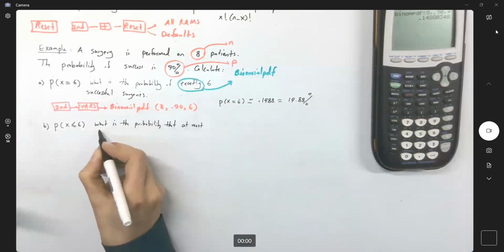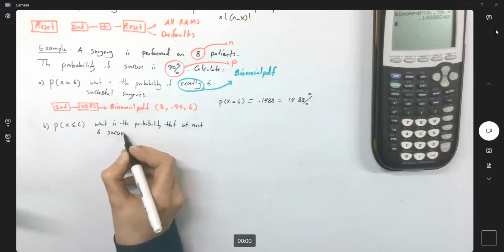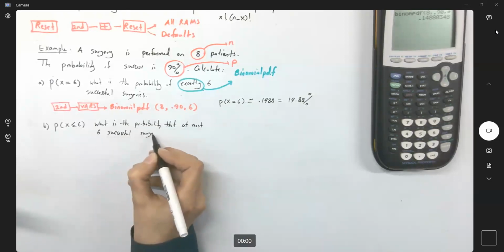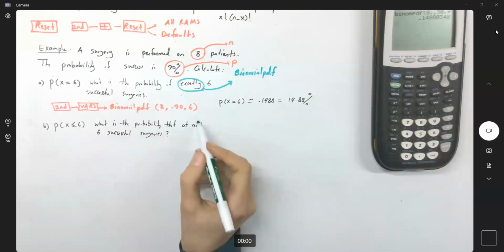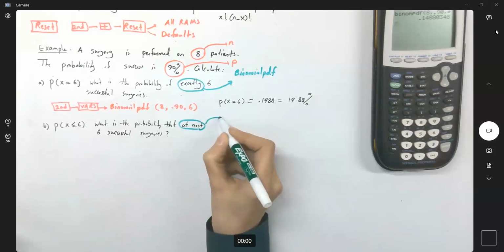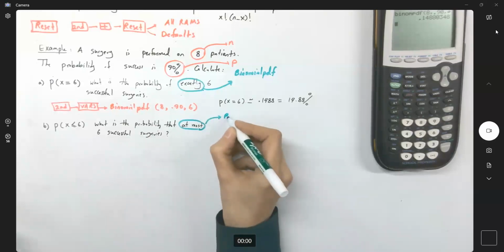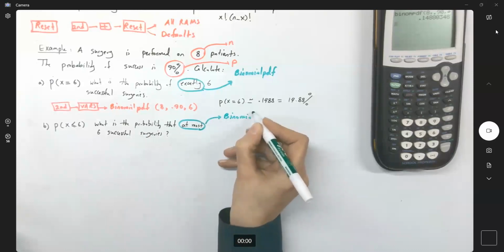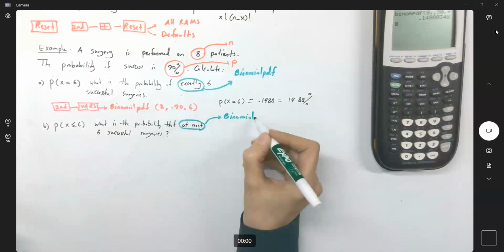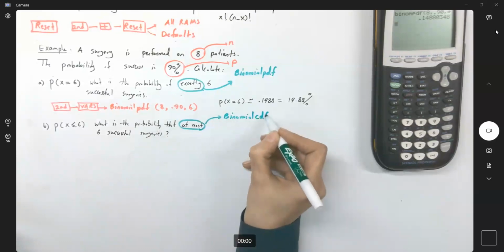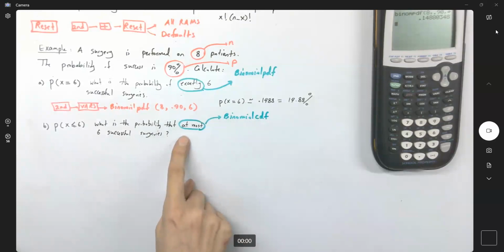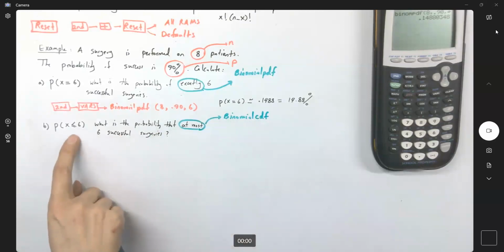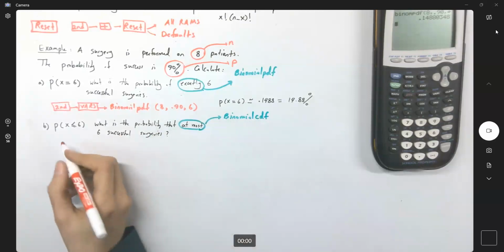At most 6 successful surgeries. When you have the keyword at most, it refers to binomial CDF. So we need to identify the keywords so we can use the correct function, CDF. When it says you have probability of at most, these are the steps that you need to take.